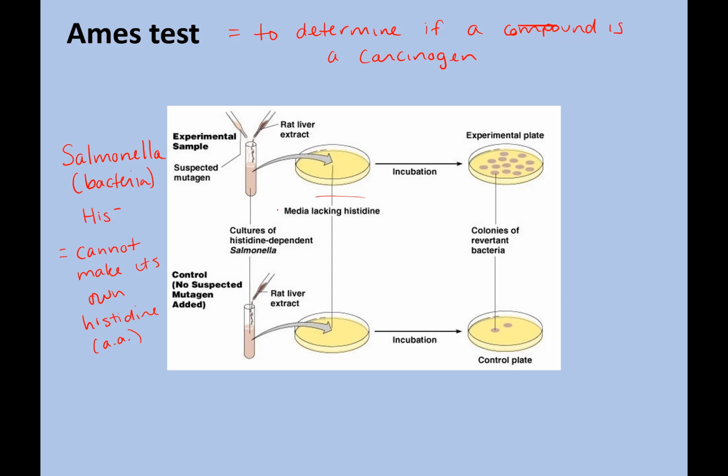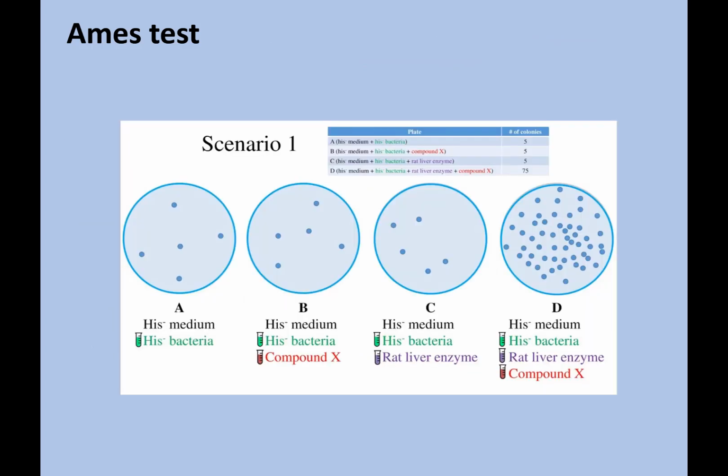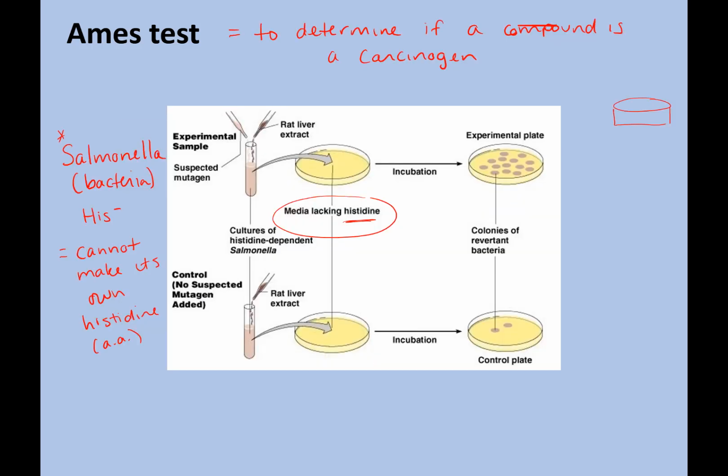So what we do is we take media, and when I'm talking about media, I'm talking about a petri dish that doesn't have that amino acid. And so this particular strain of Salmonella will not grow without histidine.